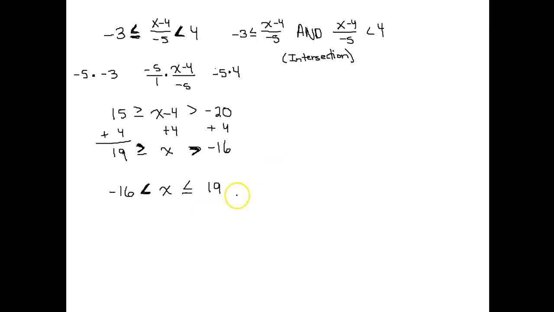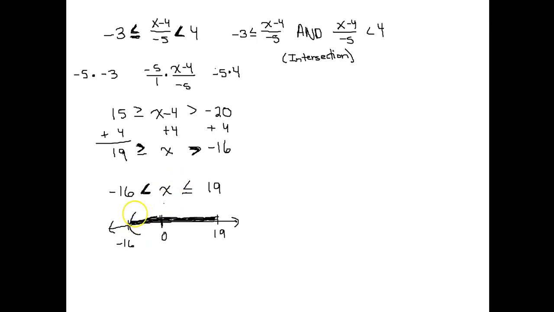Okay, so the solutions. If you're thinking about a number line, sorry for my curved number line there. Number line from -16 to 19 with 0 somewhere in there. Your solutions: x is bigger than -16, so you start heading out from -16 to the right, but it's also less than or equal to 19, so you've got to stop at 19. -16 is just less than x, so -16 is not included.